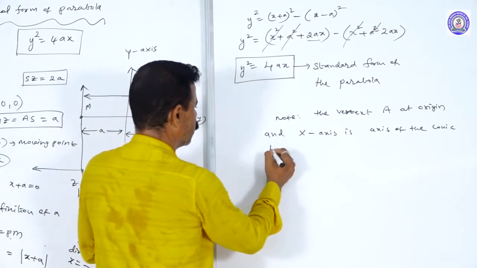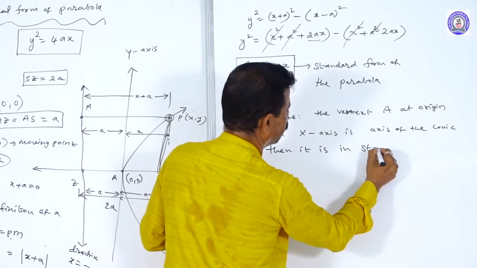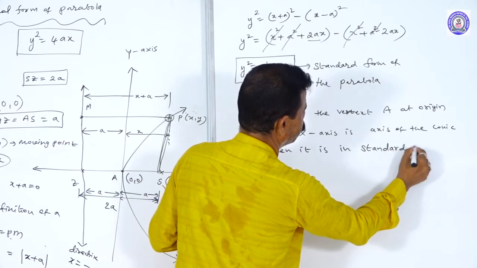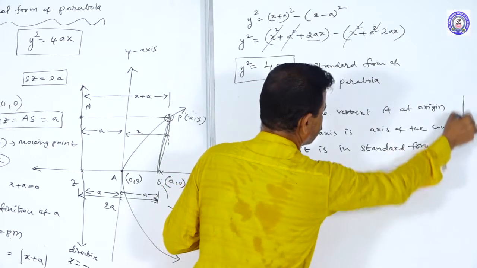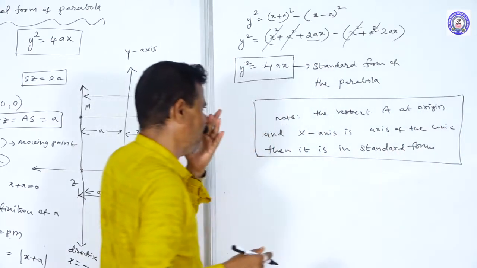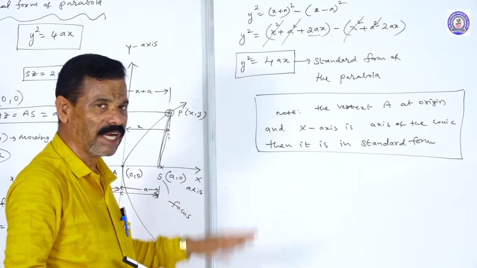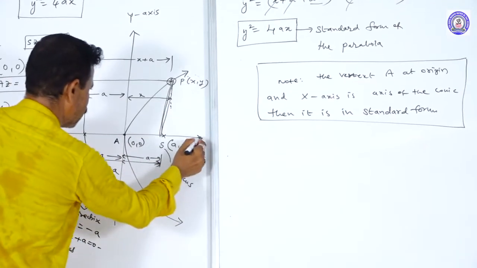Then it is in standard form. Standard form means this: if the vertex is at A and the conic axis is the x-axis, then it is in standard form. So this is the x-axis.